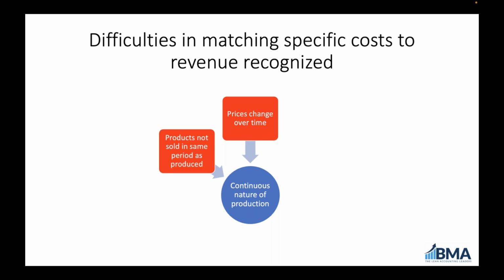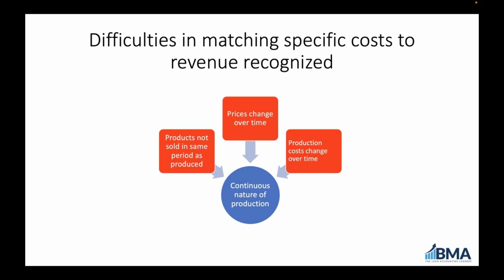Your labor costs may change, and production costs change over time. And so that makes identifying the actual costs of the products that are sold very, very difficult, especially because you're supposed to match the actual costs to the revenue.